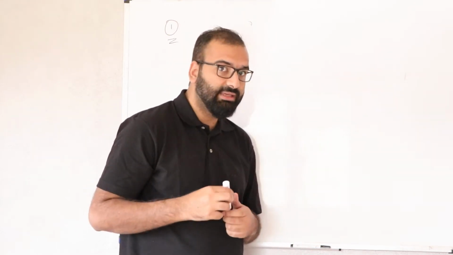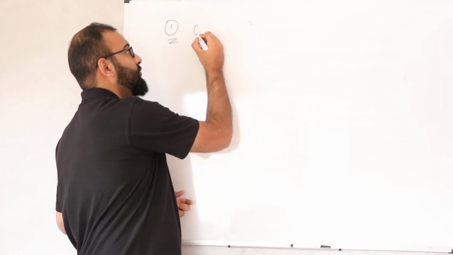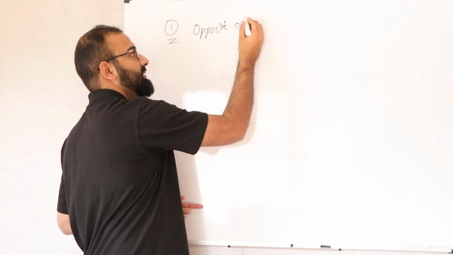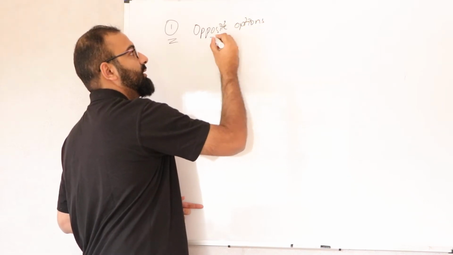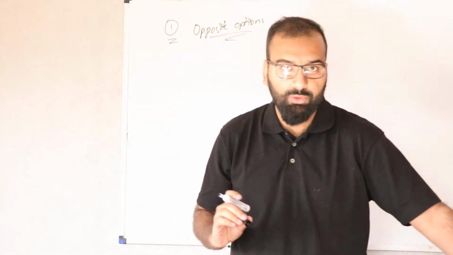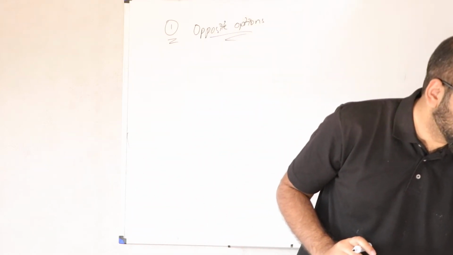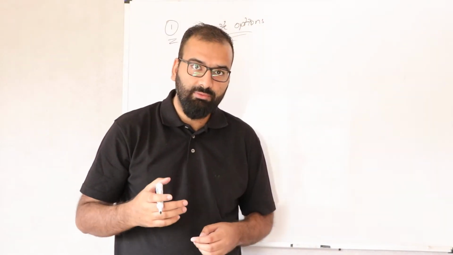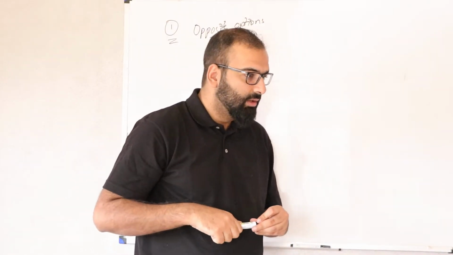So the number one thing is that whenever there are two opposite terms, two opposite options, then often one of them is the correct option. So now we will move on to the further tips in this regard.